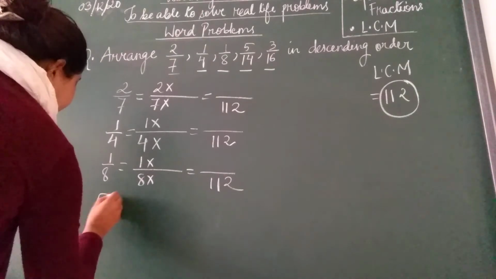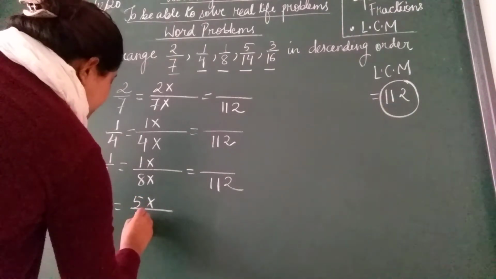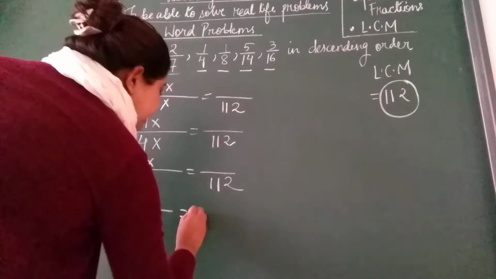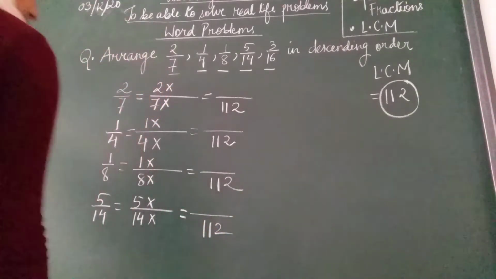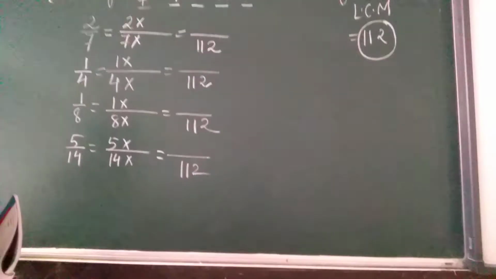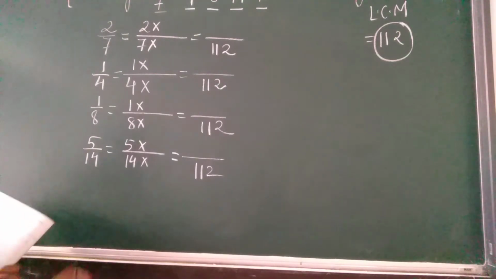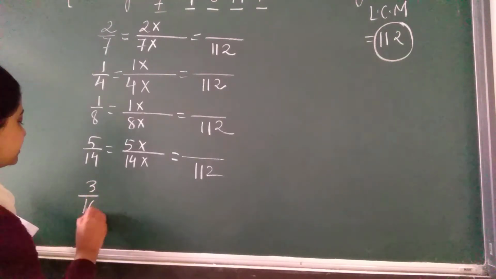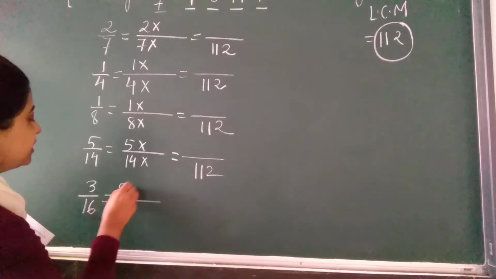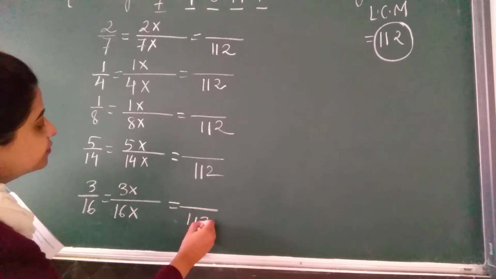Then we have 5 by 14: 14 into something to get 112 as the denominator. And finally, 3 by 16: 16 into something to get 112.